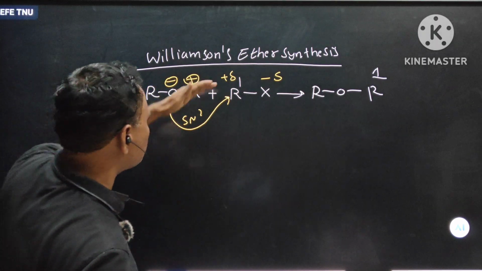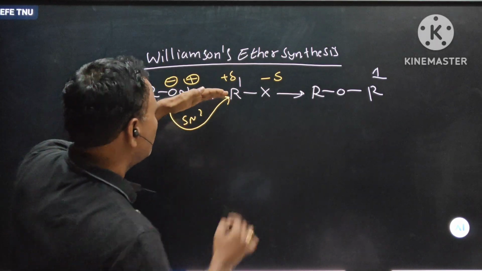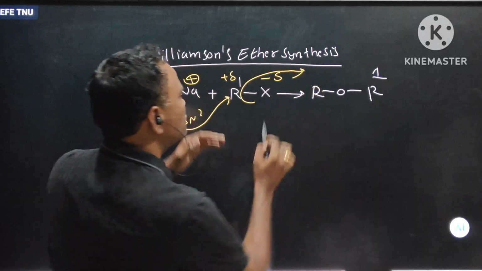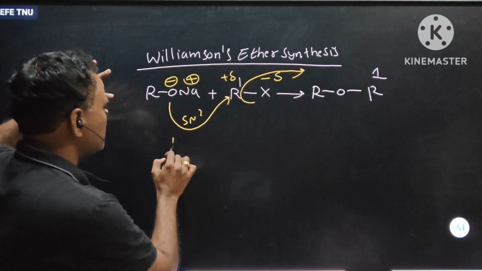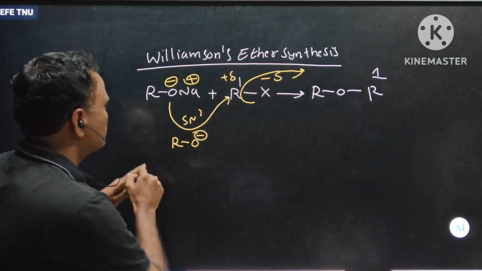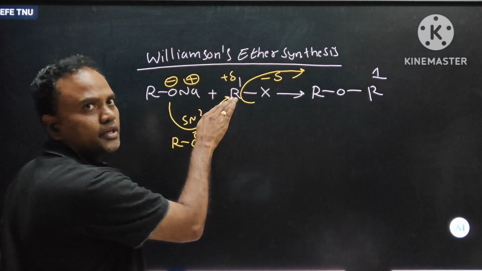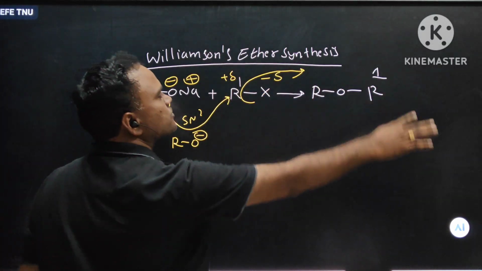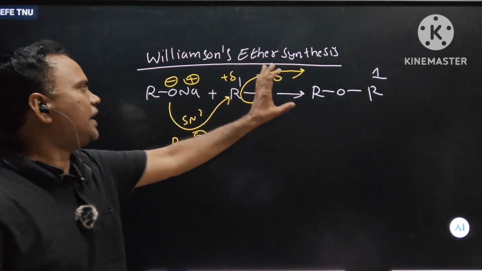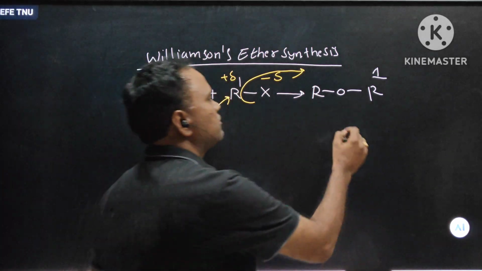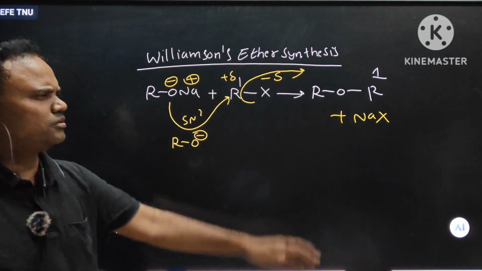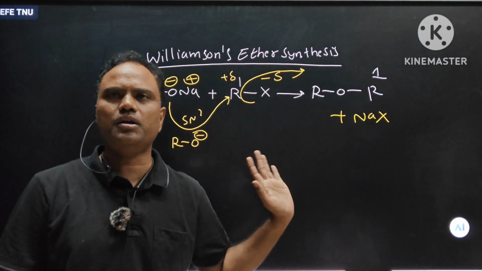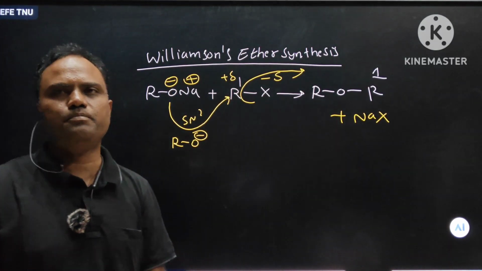Oxygen attacks from the backside. At that time X will leave. That X and this Na come out as a byproduct, NaX. But don't bother about this, leave it as a byproduct. But how to write the product is important.